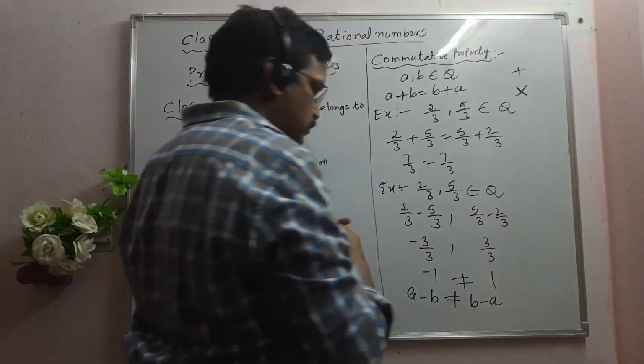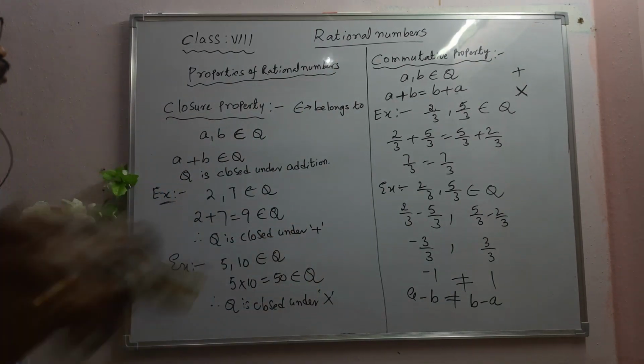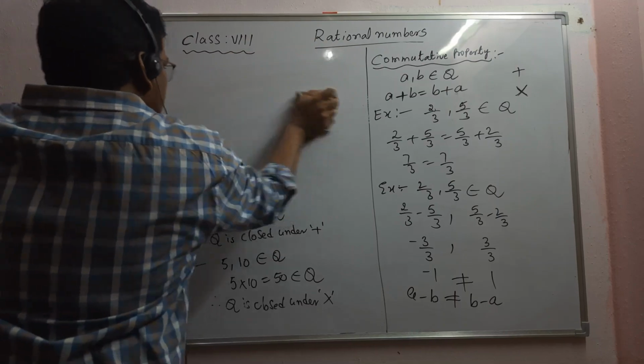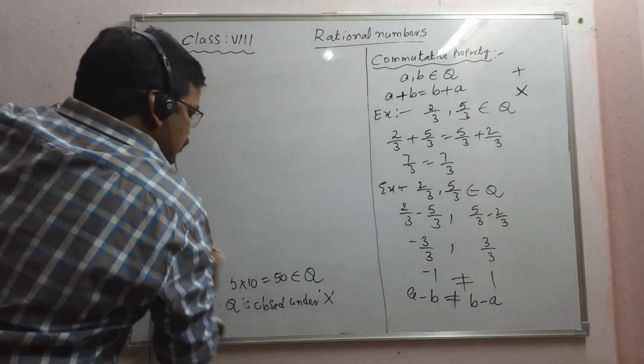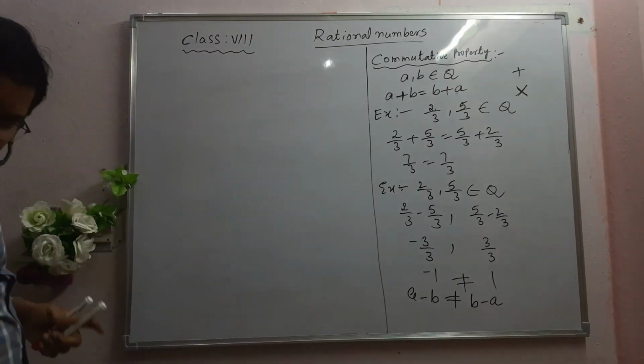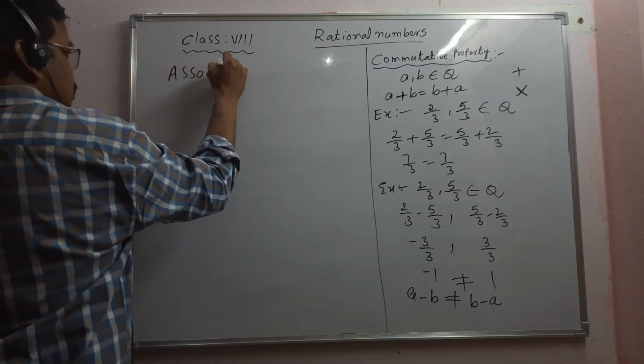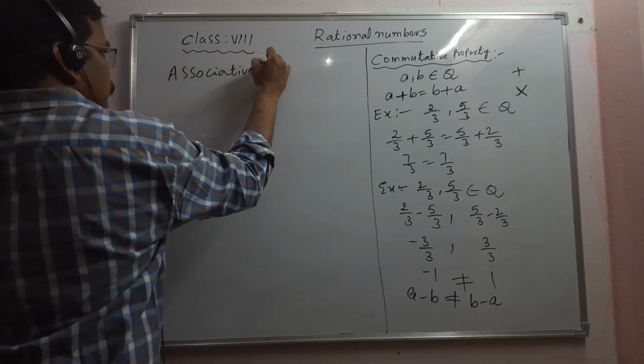Understand? Right. The next one is associative property. What is the associative property? Here in the associative property, we have to take three rational numbers.